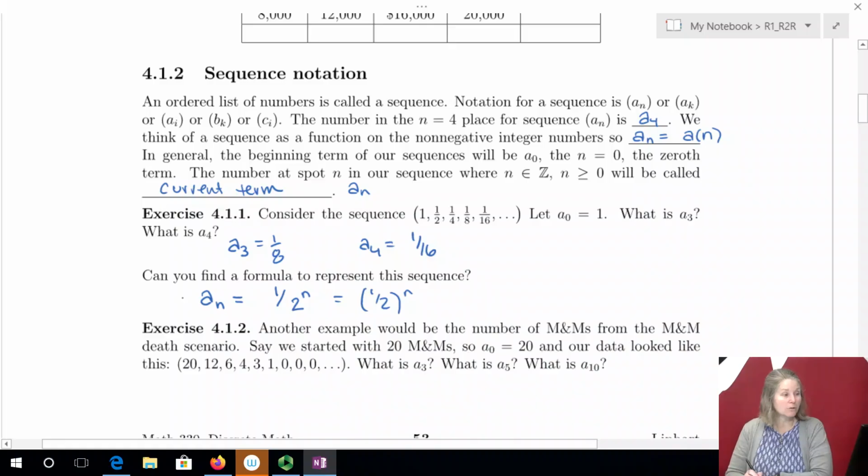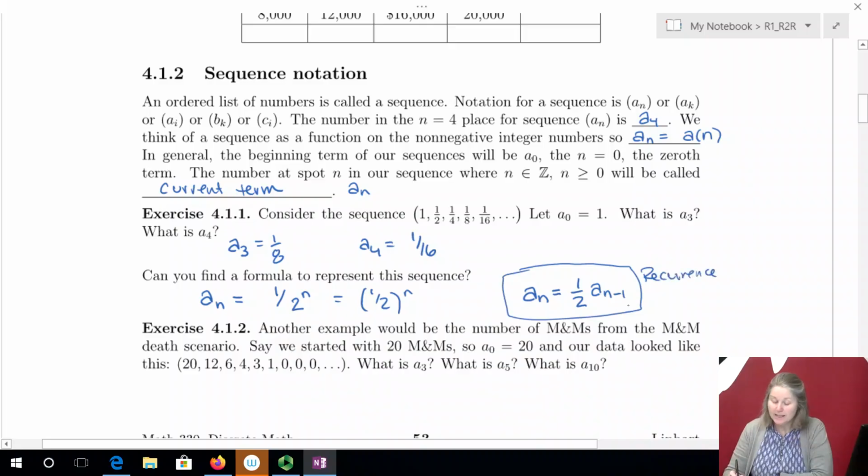We could also represent this sequence as a recurrence. If we want to represent this as a recurrence, we should say that the next term is going to be half of the prior term. So the current term, a sub n, is 1/2 times the prior term, a sub n minus 1. I just want to note that this formula we call a recurrence.